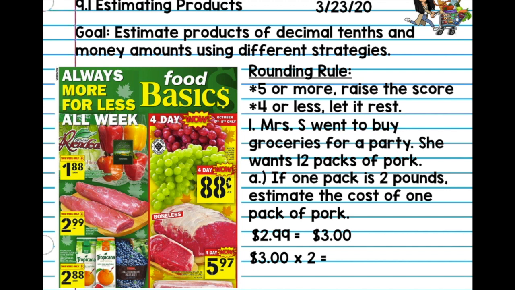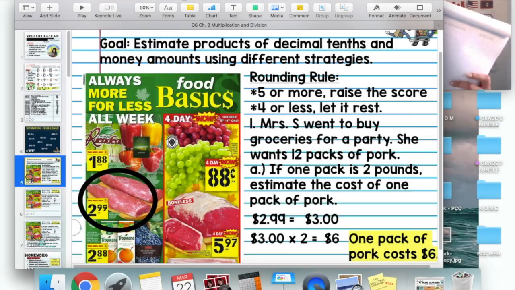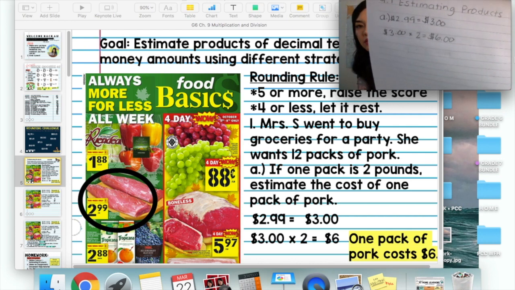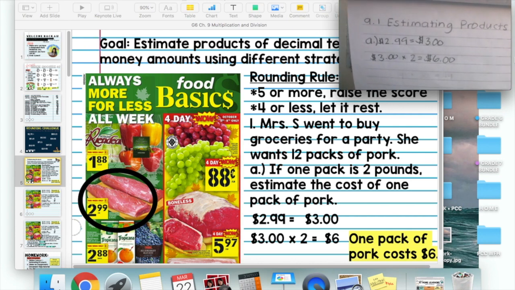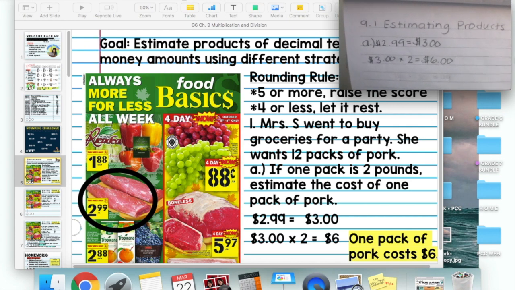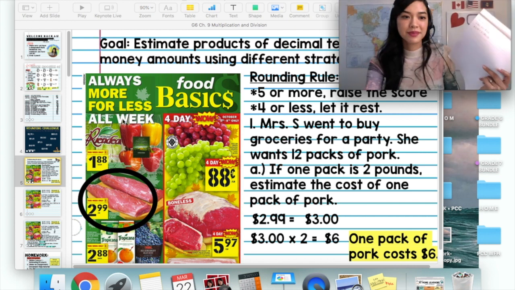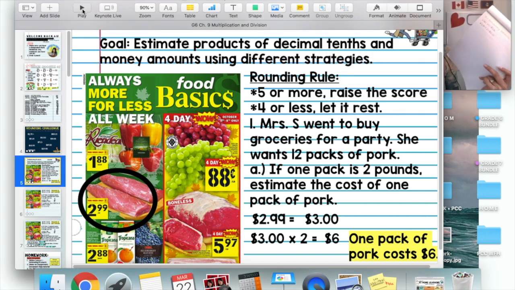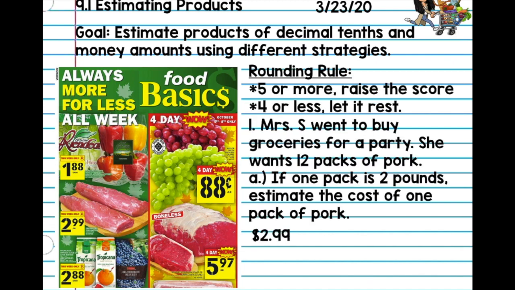So let's figure that out. $3 times 2 equals $6. All right. One pack of pork costs $6. Okay. So you should have this in your notes. Again, just fast forward if you've already done that.